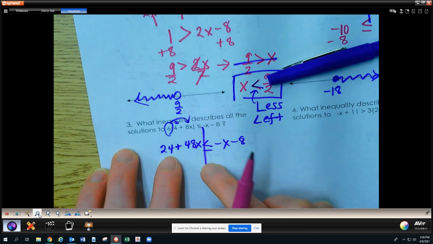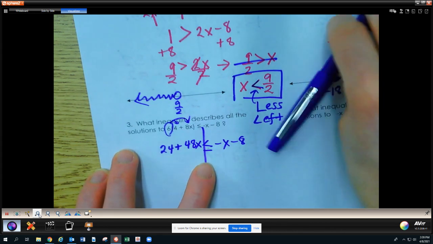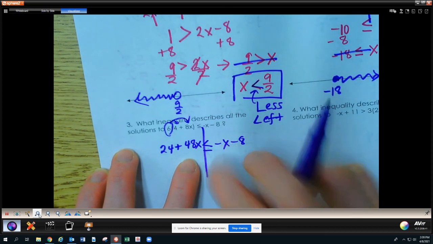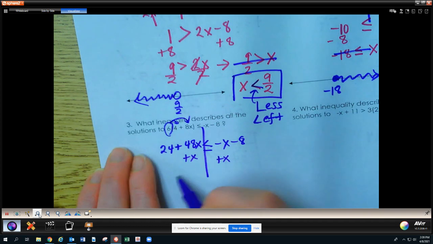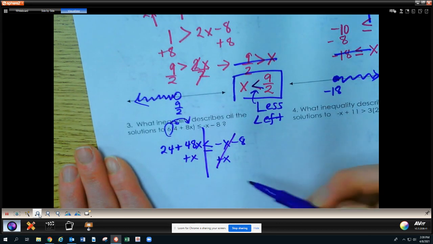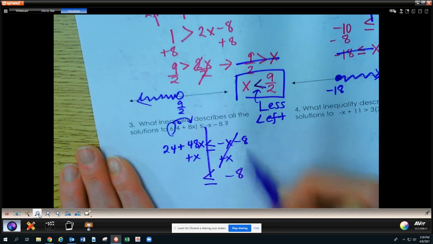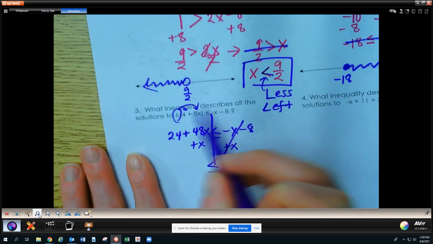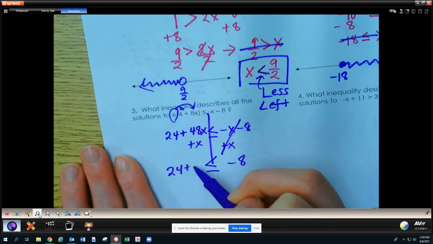We're ready to start getting x's on one side, numbers on the other. And so in this case, I have a -x here, so I'm going to add it to both sides so that it cancels over here, leaving me with just that -8. Over here, I've got the 24 plus, and then 48 plus x is 49x.